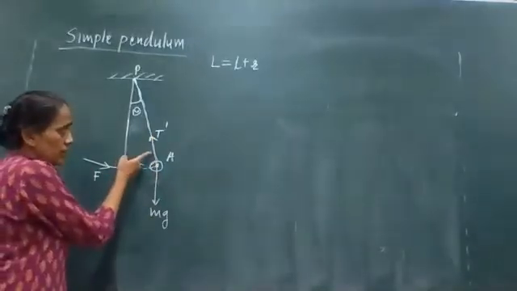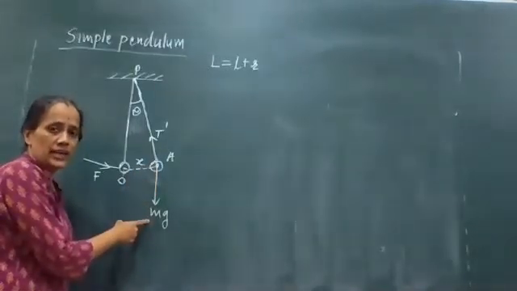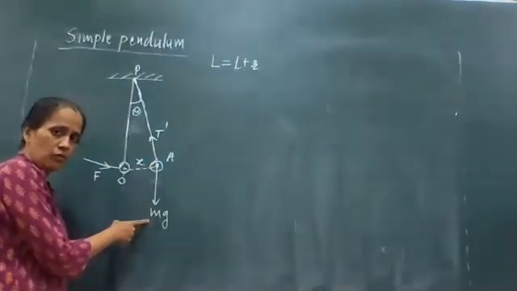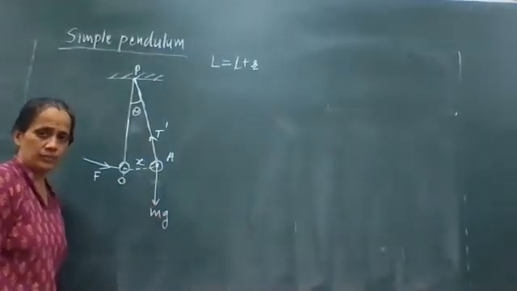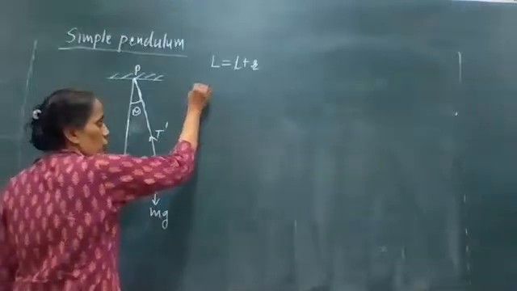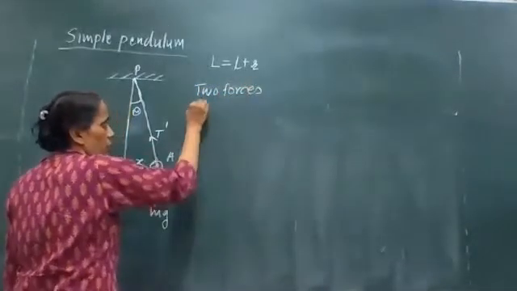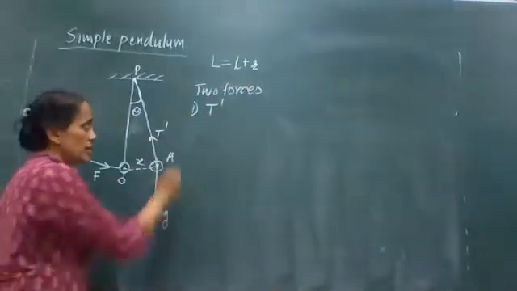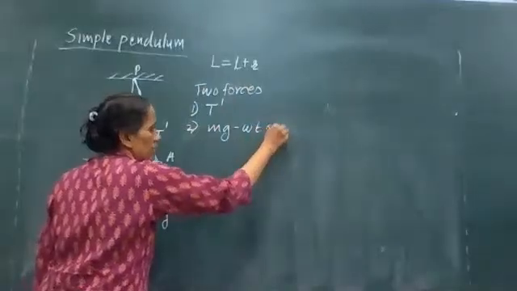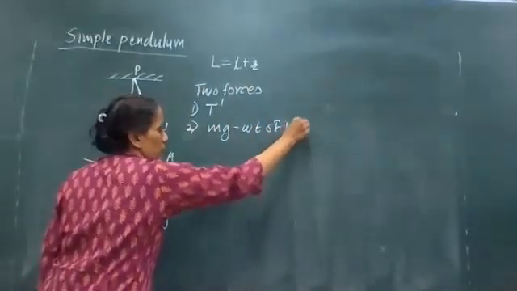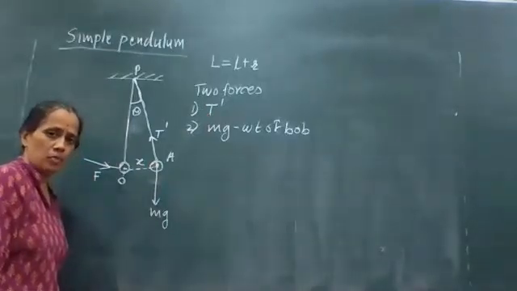Now see that T dash, the tension of the string, and mg are not exactly opposite.